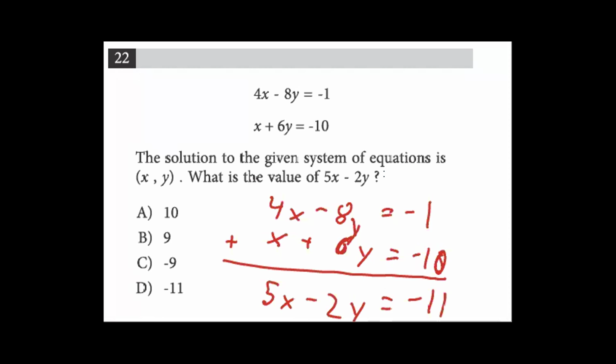So what is the value of 5x minus 2y? 5x minus 2y is equal to negative 11. So the correct answer is D. And also, if you try to solve for x and y, they're both really weird decimal answers, so this is the way they expected you to solve it.